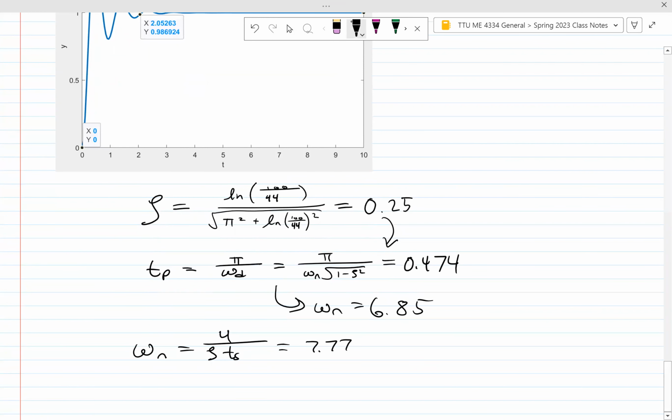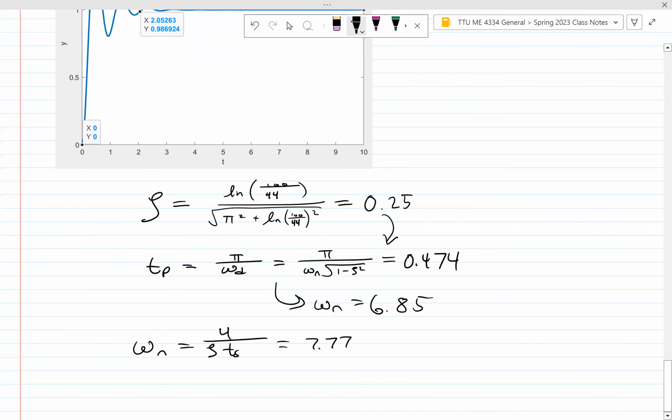Which one's right? I'd say both of them are approximate. The true answer is probably somewhere in between these two. I think the true answer is actually 7 in this case. Both formulas are approximations. You need to use your judgment to figure out which one will be best. All right, that is it for today, folks.